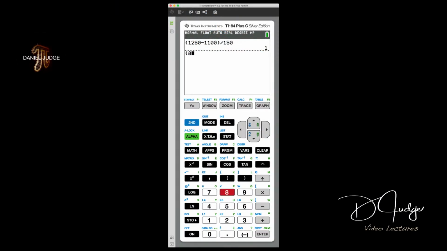And here we go, 800 minus 1100 divided by 150 is actually negative 2.00. Okay, so we're going to see what this is. Let's write this down.